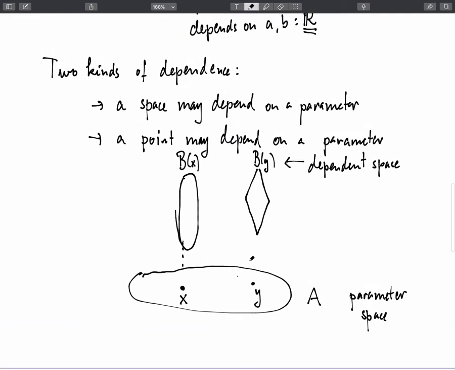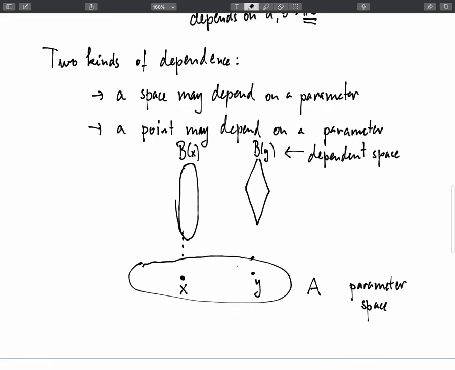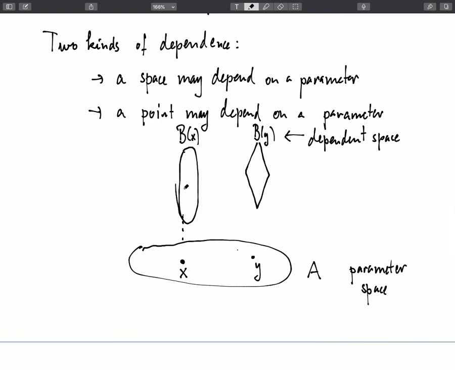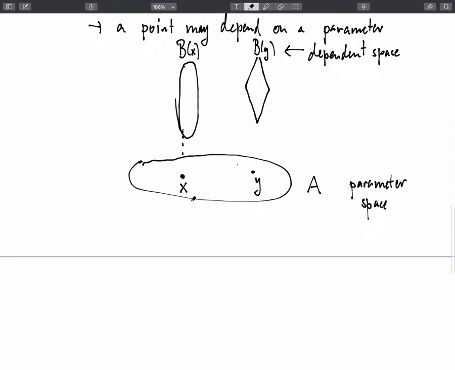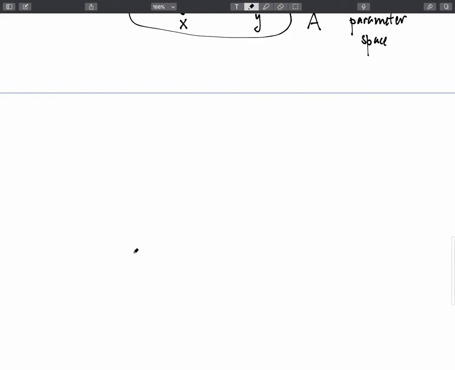So in addition, our types may depend on parameters. And what happens then to dependent points? What's a dependent point? Let me draw a slightly better picture here. I think in many cases it's better to draw a one-dimensional parameter space. It's easier that way. And then up here, you just draw something, some potato like that.